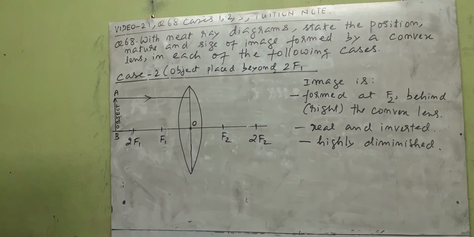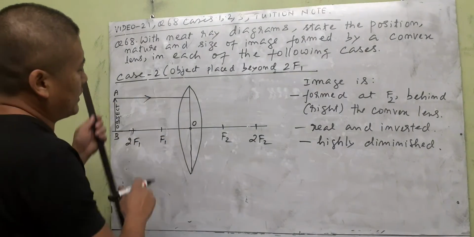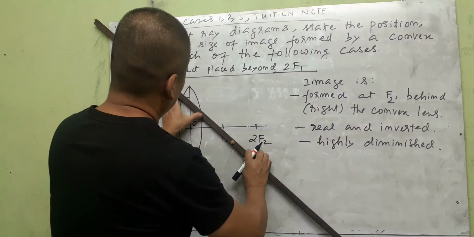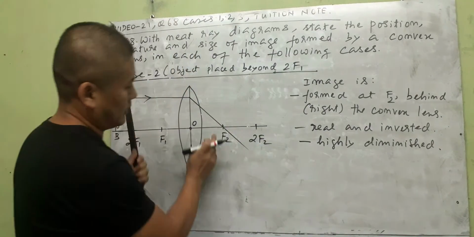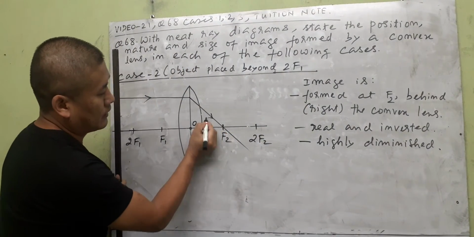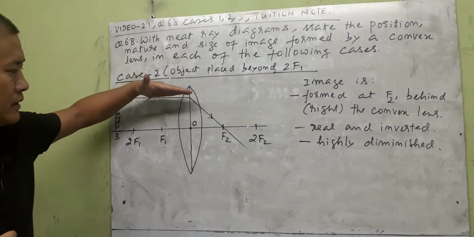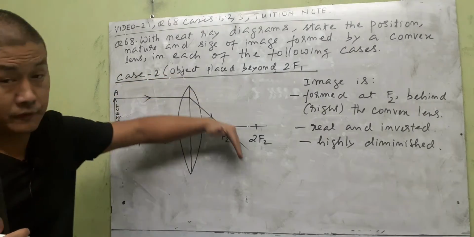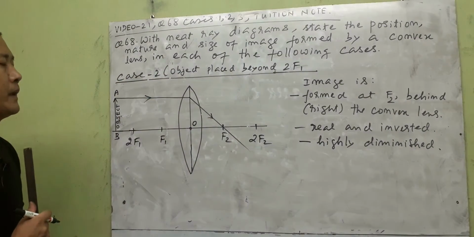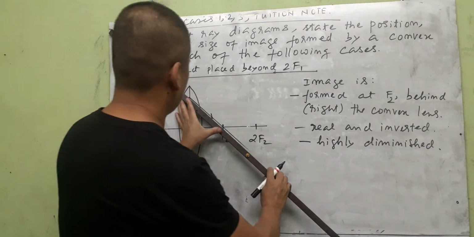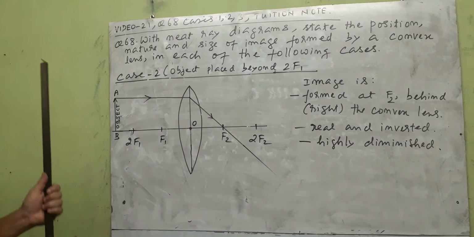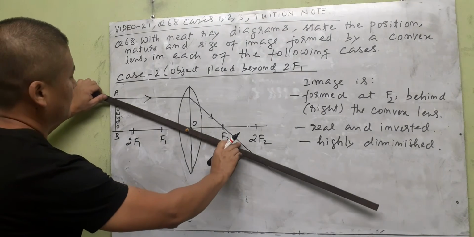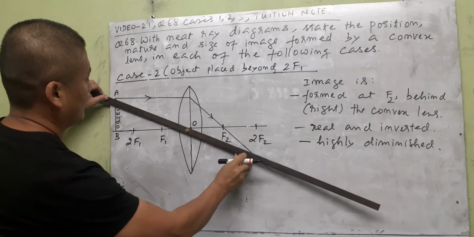The rule for this one is any ray parallel to the principal axis will, after passing through the lens, refract and go to the focus, here, F2, exactly. I repeat, any ray parallel to the principal axis will refract and go to the focus. That's the rule. Now we need at least 2 refracted rays to get an image. So pass a ray from the top through the optical center. We know the rule, so pass it there.